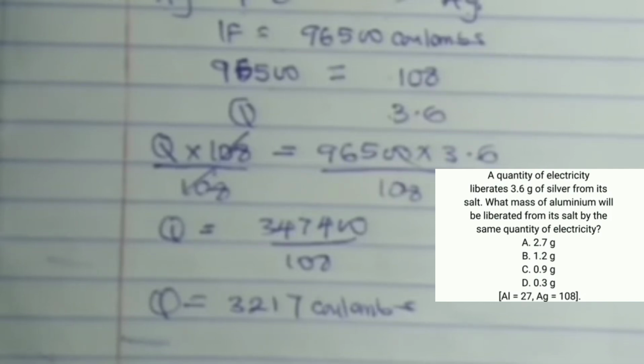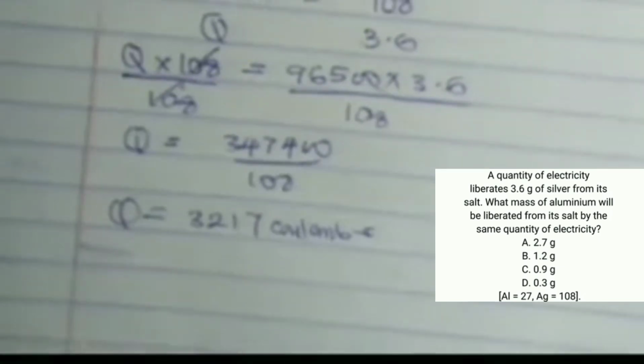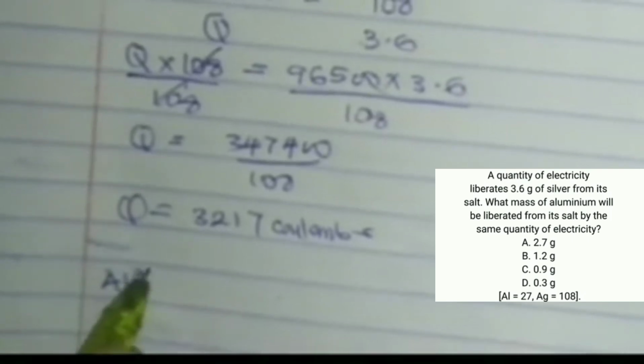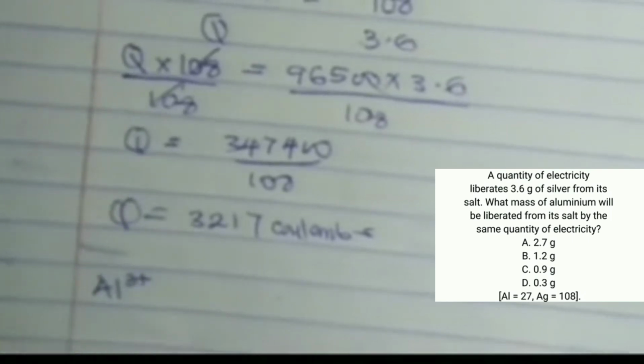All right, so the next thing we're going to do is to find the number of Faradays that liberated the original mass of aluminum. Okay, so how will we find that? We know that aluminum ion will migrate to the cathode, and then it will take up electron so that it will be reduced.